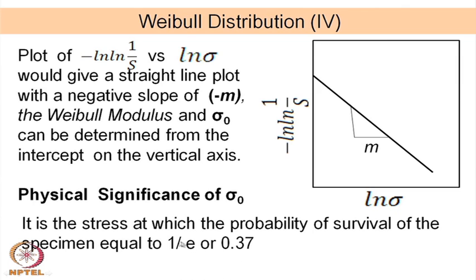It refers to the probability of survival of the specimens, that so many specimens will survive at sigma 0, and with respect to that sigma you have to get the ratio. So, it is a constant value in that manner, and you can get what that value is.